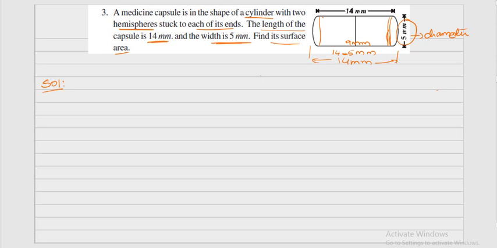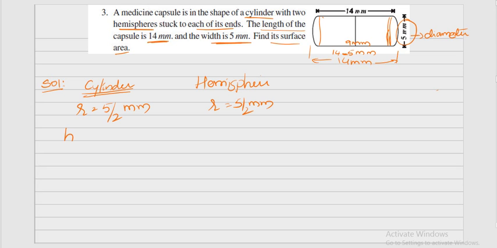So what are the things that are given? First, about the cylinder. The radius is commonly 5 by 2 millimeters. For the hemisphere also, the radius is 5 by 2 millimeters only.